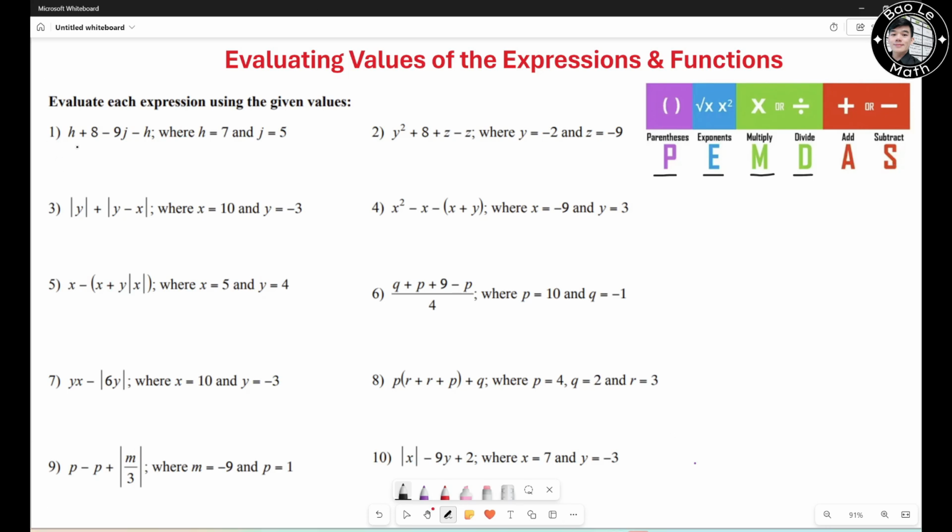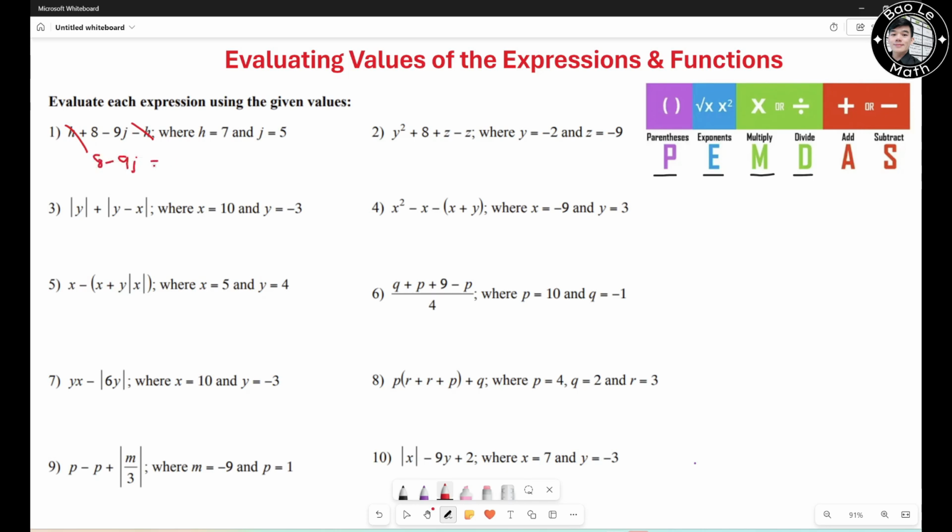Now the first example, h plus 8 minus 9j minus h. Before we substitute the value into this expression, we need to simplify if possible. I see that h right here and negative h right here cancel out, right? I only have 8 minus 9j.